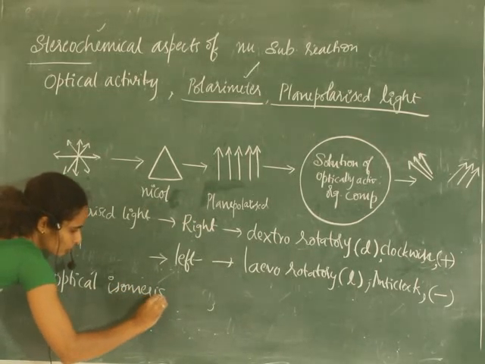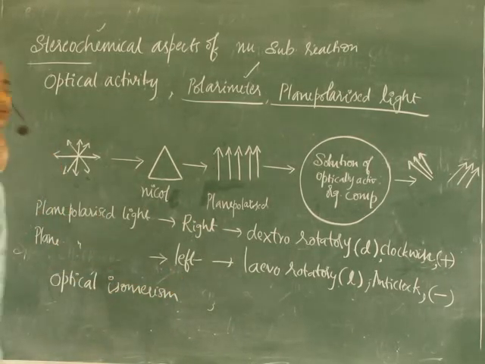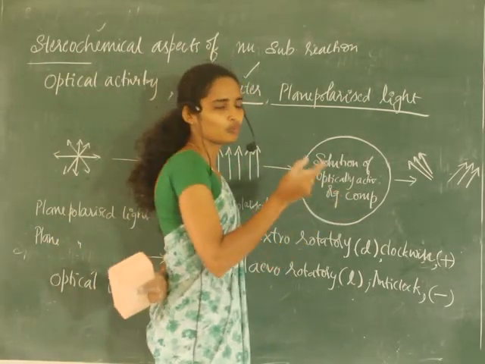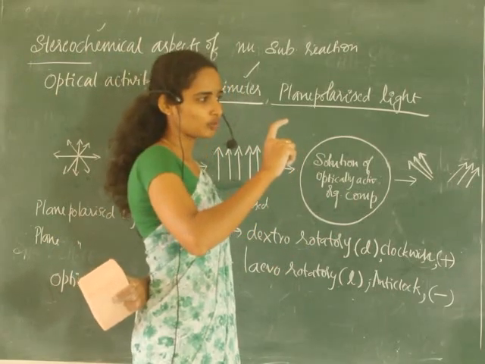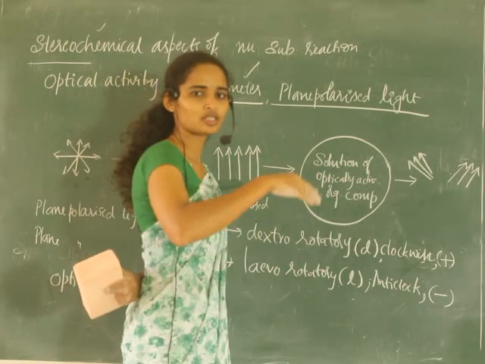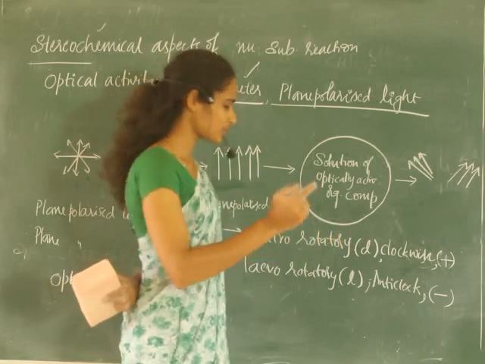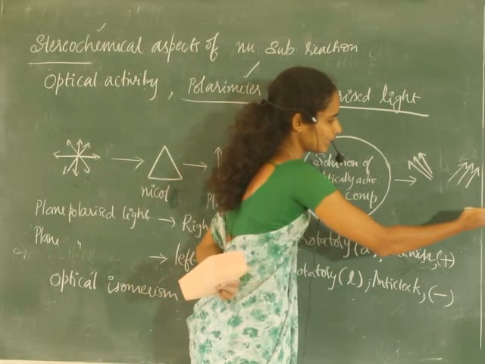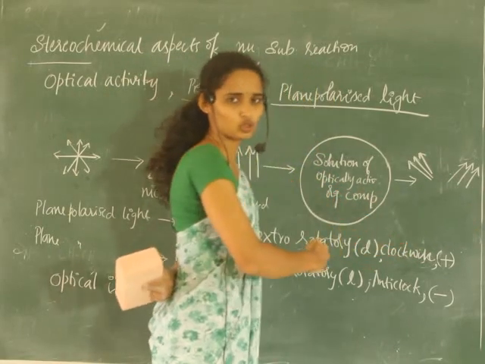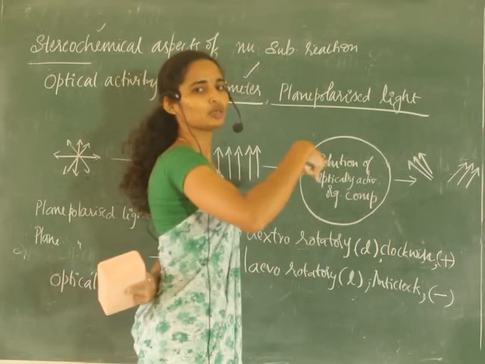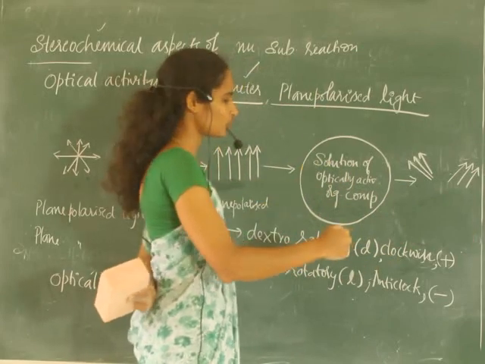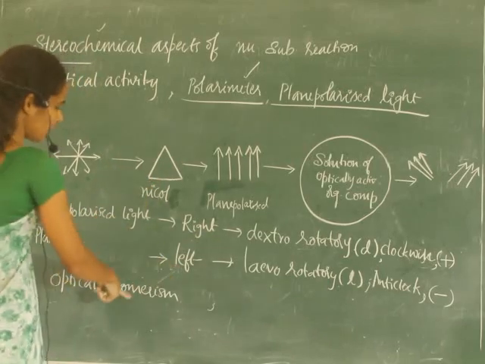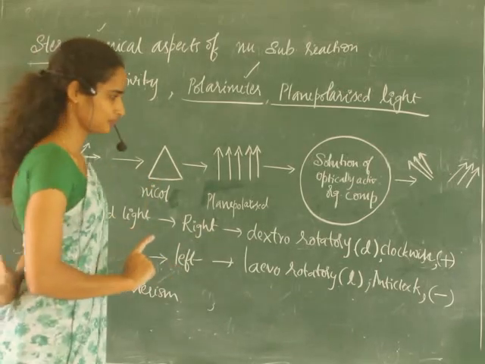When we pass plane polarized light, one compound may show dextrorotatory and another isomer may show levorotatory. These are called optical isomers, and that phenomenon is called optical isomerism.